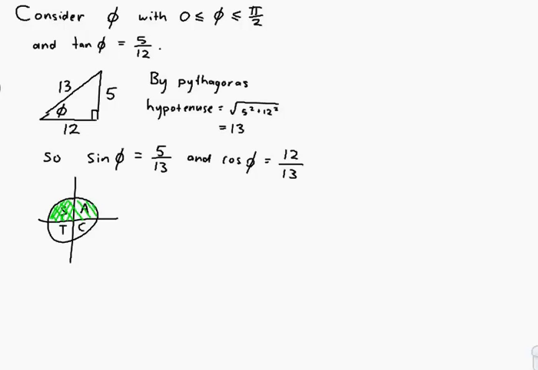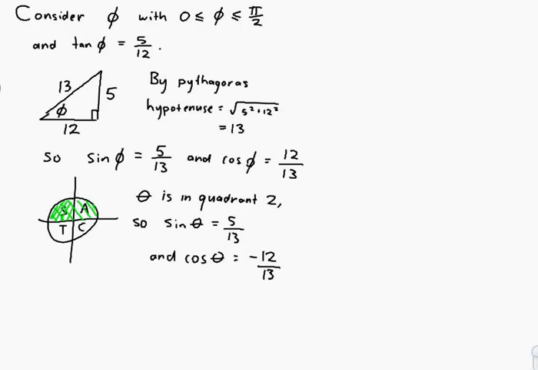Thus, because theta is in quadrant 2, sine theta is positive, and cos theta is negative.